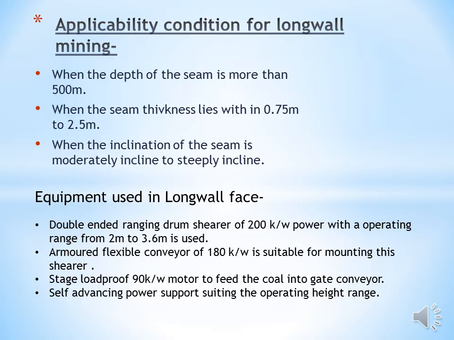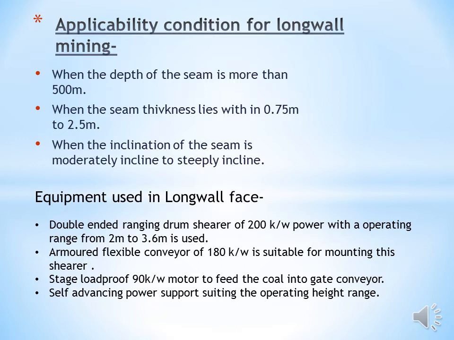Next point is the equipment used in the Longwall face. Which equipment is used, and what is the capacity and strength of this equipment? First is the double-ended ranging drum shearer, which I already told you about in the last slide. A double-ended ranging drum shearer of 200 kilowatt power with an operating range from 2 meters to 3.6 meters is used.